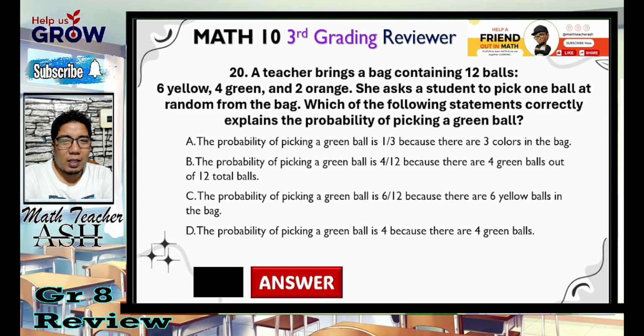B, the probability of picking a green ball is 4 out of 12 because there are 4 green balls out of 12 total balls? C, the probability of picking a green ball is 6 out of 12 because there are 6 yellow balls in the bag? Or D, the probability of picking a green ball is 4 because there are 4 green balls? I'll give you 5 seconds to think about your answer.